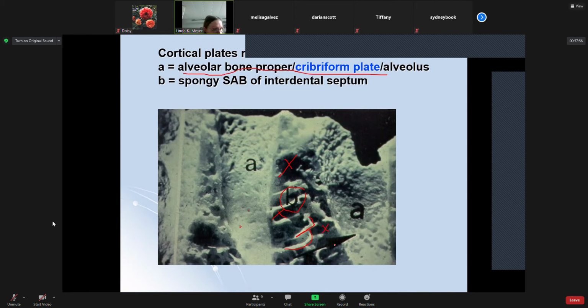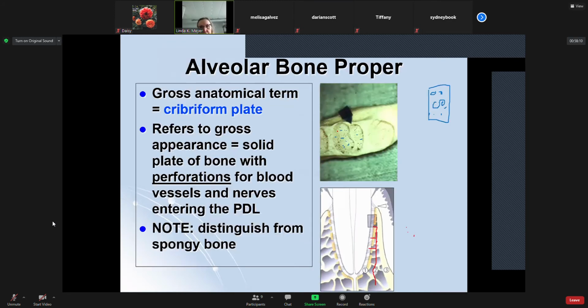This is a really good picture to distinguish the two. And again, I just want to reiterate, if I were to show this on a test, this is not spongy bone. These are pinpoint openings, not larger marrow spaces.